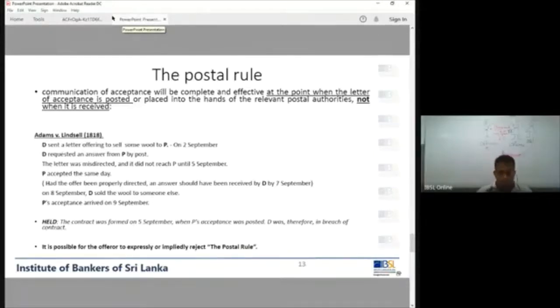So what happened in this matter? D, that is the offeror, sent a letter of offer to sell some wool to P. P is the offeree, right?